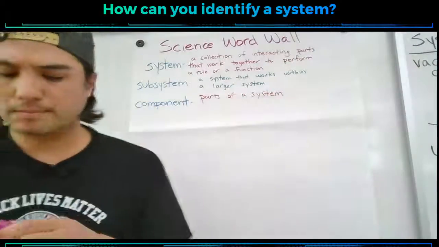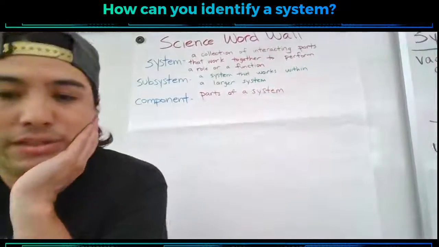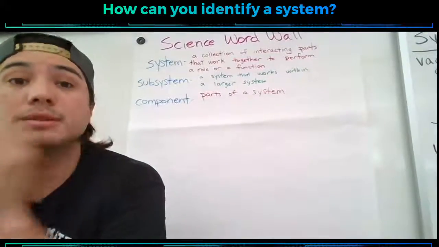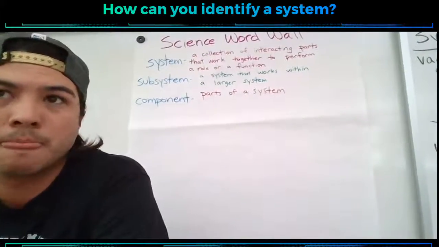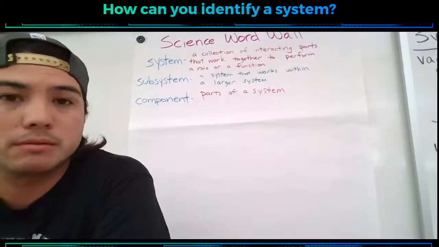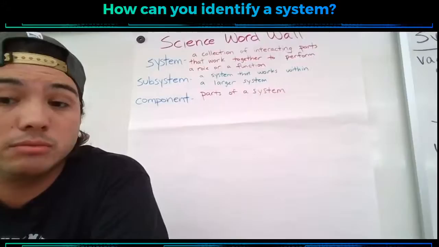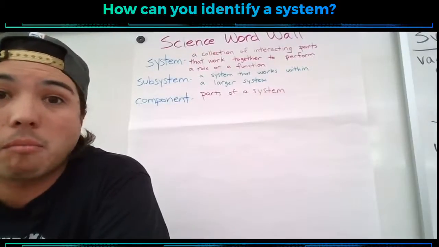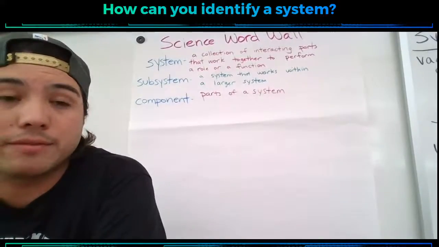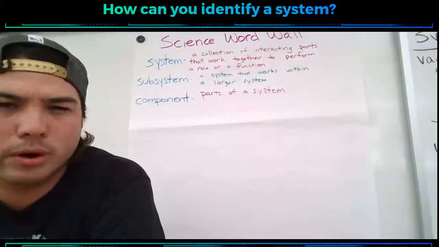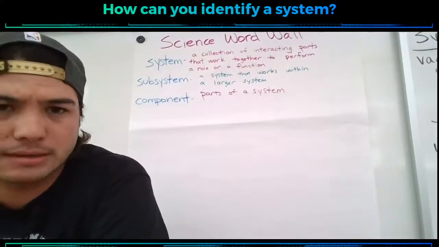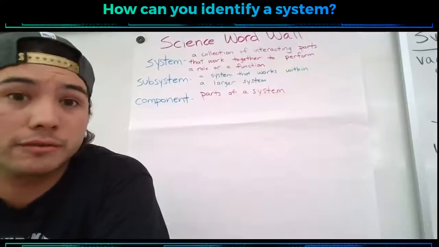Okay? Now, if we think about living systems, systems within living things, the purpose or the role or function of a living thing is to survive and stay alive, right? And we have all these subsystems and components that work together to help us do that. If you take a tree, for instance, right?